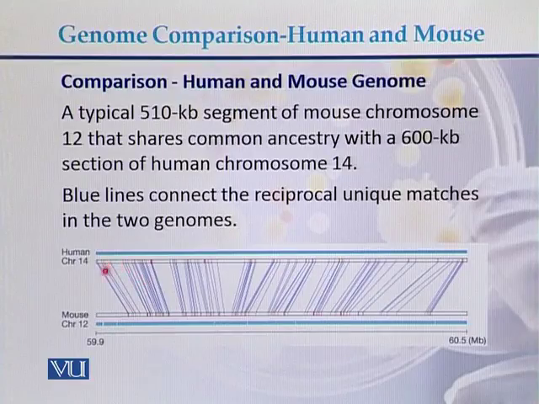Every line corresponds to a homology or unique match at these locations. So from this data we can see that the segment of mouse chromosome 12 has homology with the human chromosome.